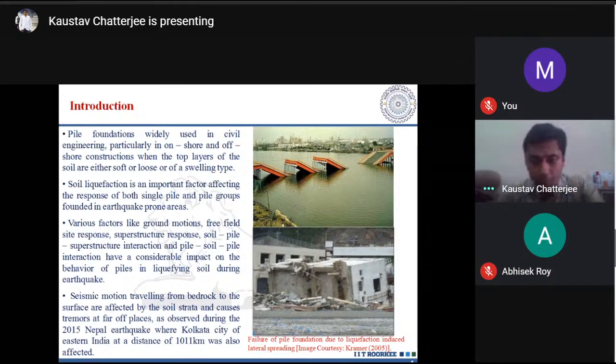And further, if the epicenter of an earthquake is at a far off place, then the seismic motion traveling from the bedrock to the surface is highly influenced by the soil strata located at those places. This was observed in Kolkata during the 2015 Nepal earthquake, whose epicenter was around 1000 kilometers away. Because of this factor, which is called the path effect, its influence was also felt in the city.